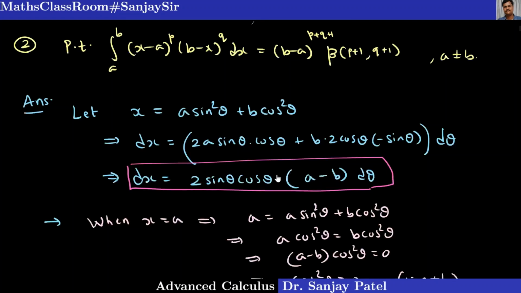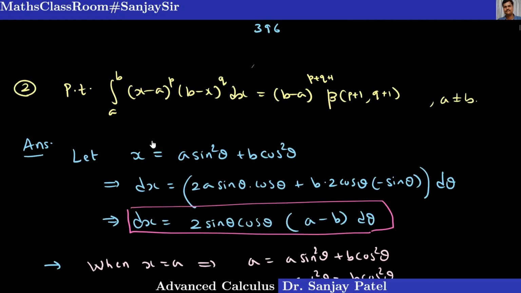In this problem, instead of this substitution, you can also take say x minus a. You can take x minus a is equal to say y and then proceed, or you can take x minus a is equal to b minus a times y. So there are other options I am giving you as another hint. Let me write in a special way. Yes, alternative option, alternate substitution.